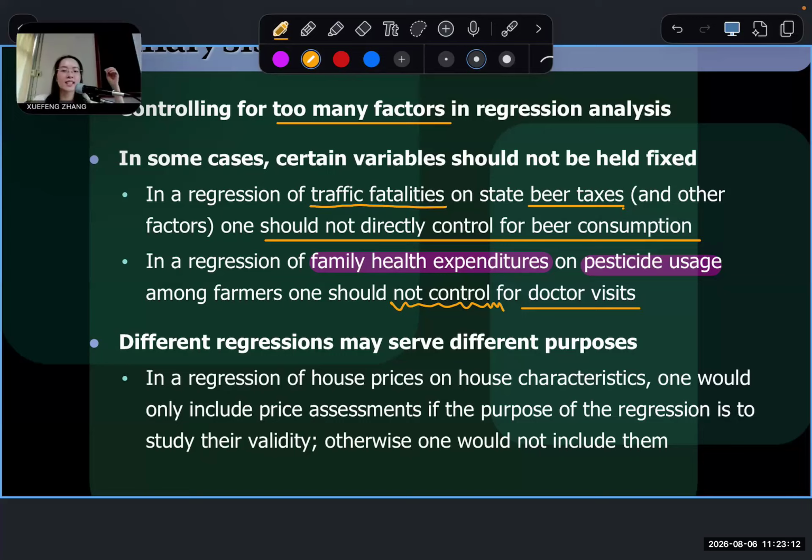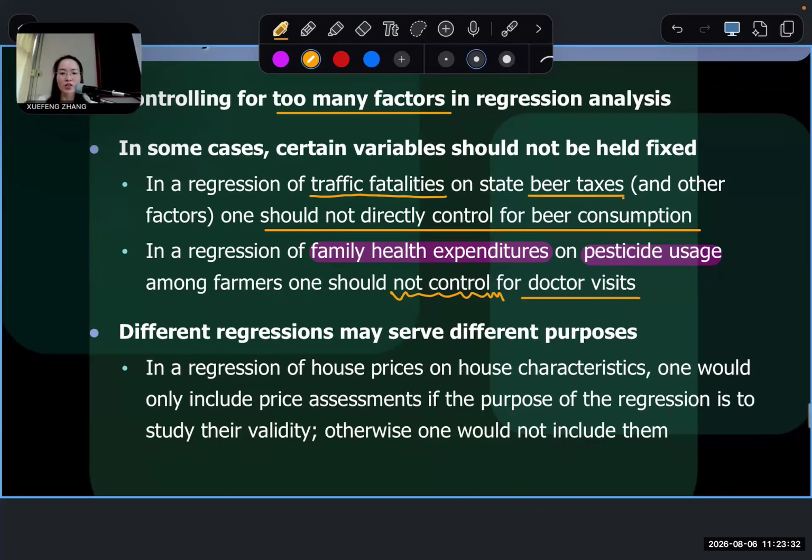If you get affected by pesticide, of course, you're going to see the doctor, right? So doctor visits are part of the mechanism, not something to hold fixed. So the general rule is don't control for variables that are themselves outcomes of your key X. You'd be blocking the very effect you want to estimate.